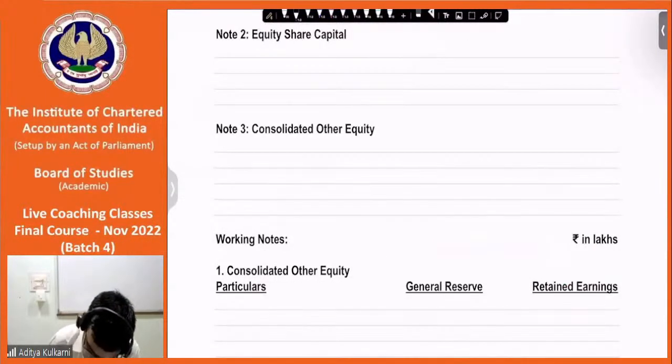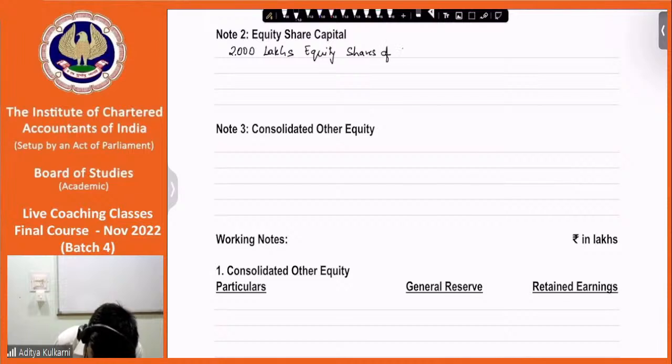So you will have to write that: 2,000 lakhs equity shares of rupees 10 each, fully paid. This comes to 20,000.